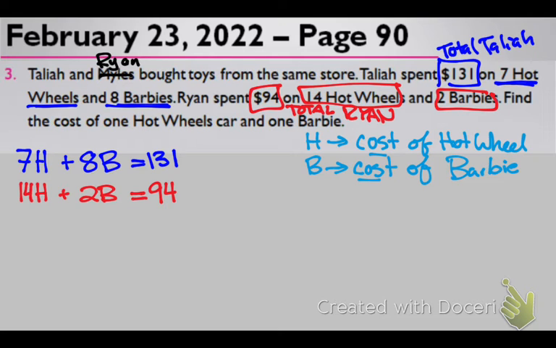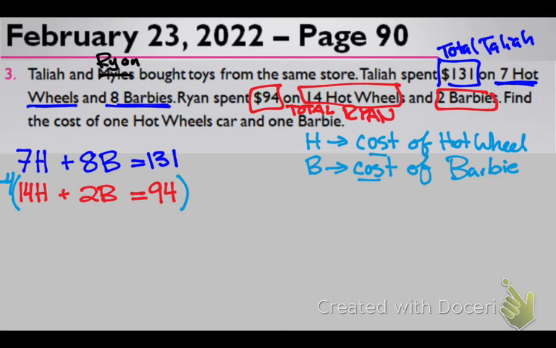Why am I multiplying the bottom equation by -4? We have 8b and 2b. If we multiply the whole thing by -4, those b's will cancel out.